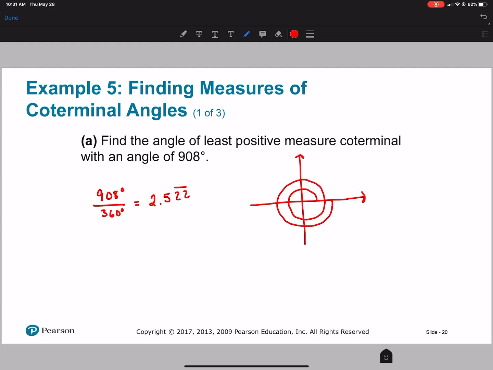Now I know that if I got 2 rotations, I got 908, sorry, minus 720, and that should tell me what I have left, right? So I have 908 minus 720, and that gives me 188 degrees.